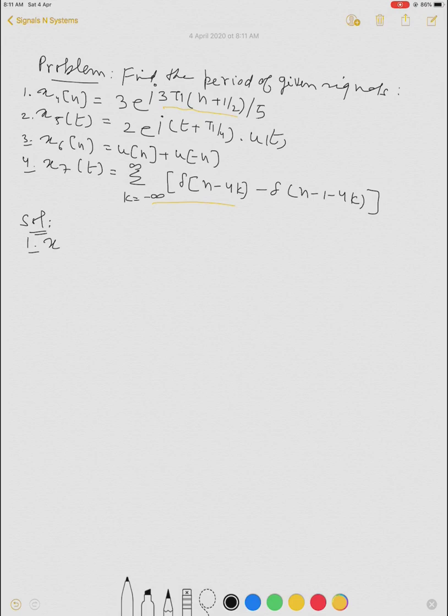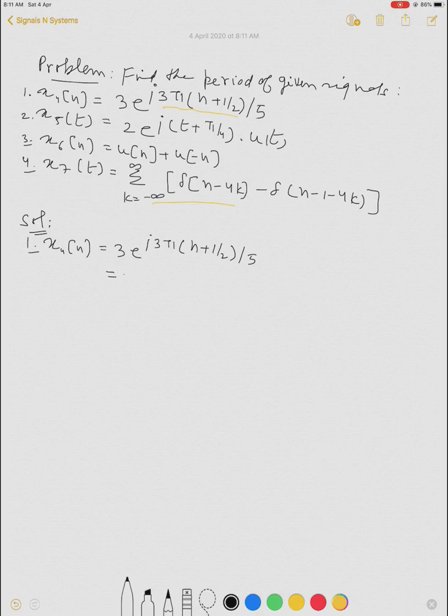X1 of n is equal to 3 e raised to power j 3 pi (n plus half) divided by 5. How do we solve it?